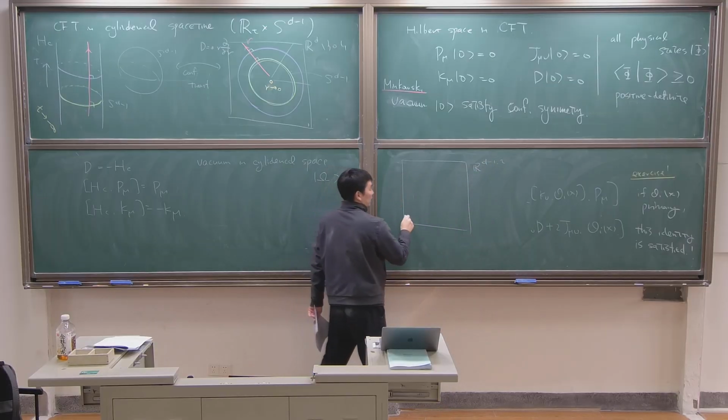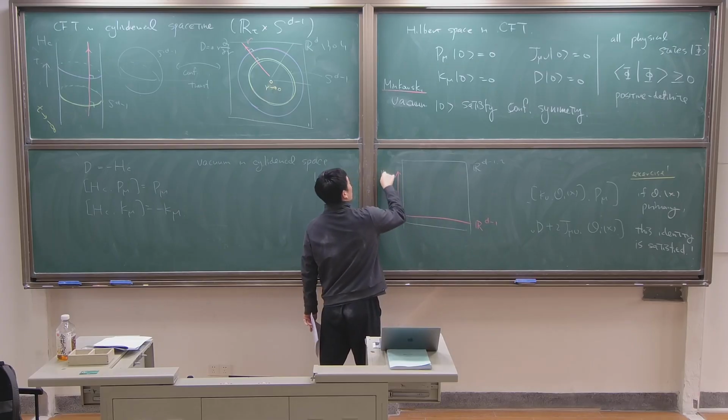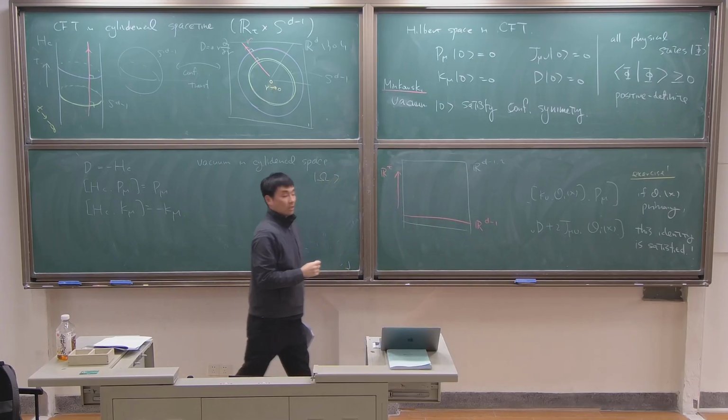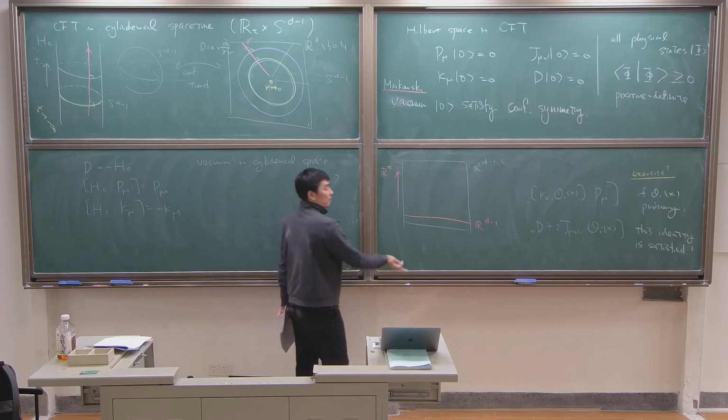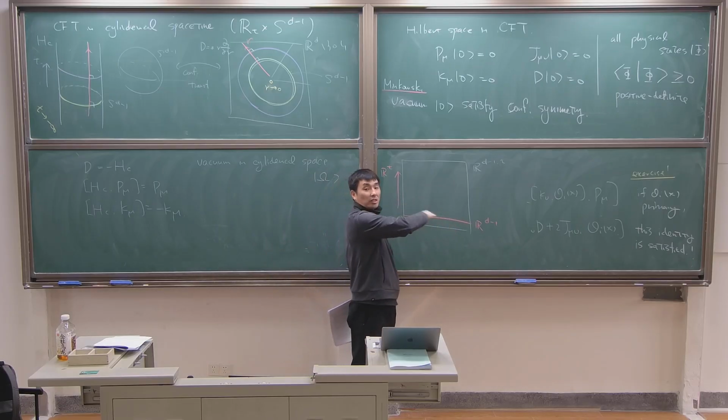And each space is just this space, this is R^(d-1), and time is this R, like this way. And the vacuum is defined at each slice. Okay? At each spatial slice.